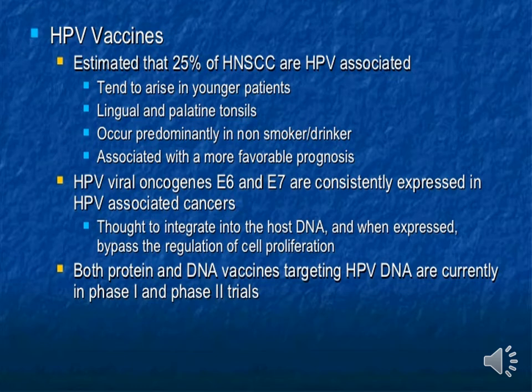The HPV viral oncogenes E6 and E7 are constantly expressed in HPV-associated cancer, integrate into the host DNA, and when expressed bypass the regulation of cell proliferation. Both protein and DNA vaccines targeting HPV are currently in phase 1 and phase 2 trials.